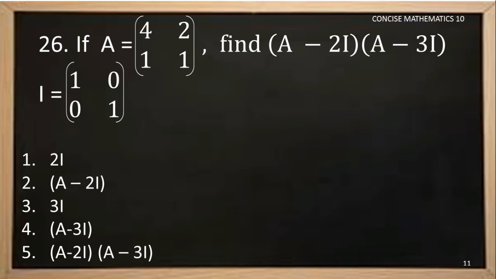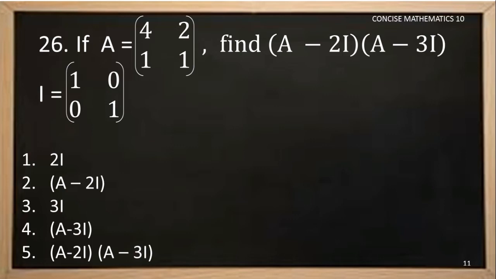A minus 2I or A minus 3I, it says that subtraction is done with the matrix A. So we know the condition that addition and subtraction is possible in matrices if and only if the given matrices are of the same order. So if matrix A is of order 2 by 2, matrix I also will be of the order 2 by 2. So let us consider the elements of I as 1, 0, 0, 1.